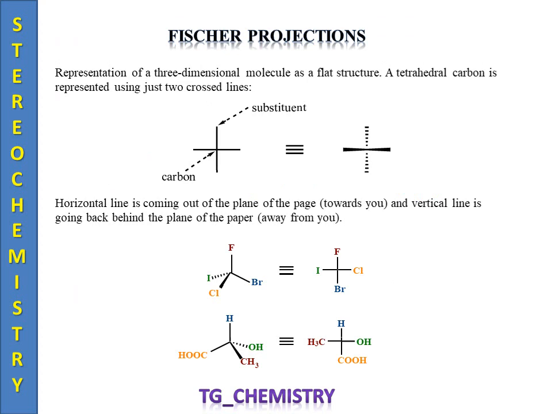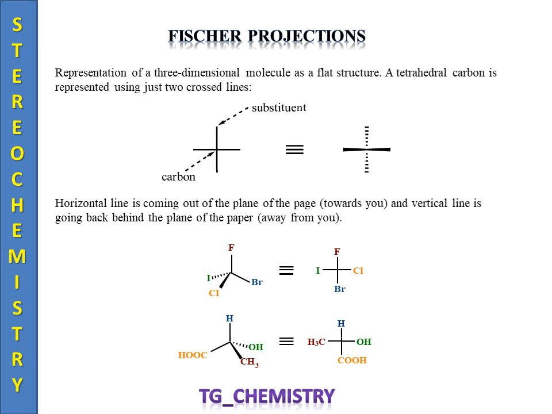Next comes Fischer projections. The representation of a three-dimensional molecule as a flat structure is presented by the Fischer projection formula. A tetrahedral carbon here is presented using just two crossed lines.